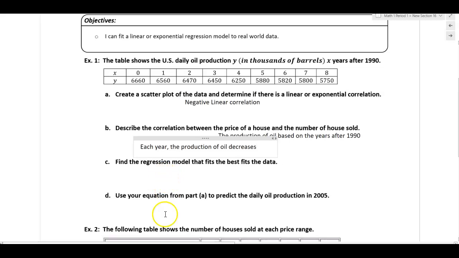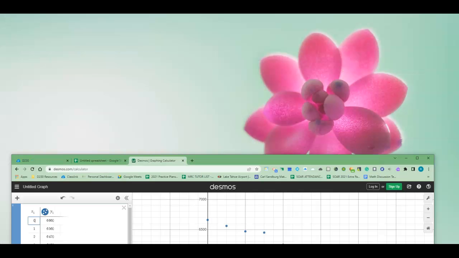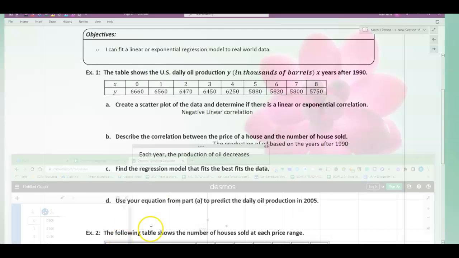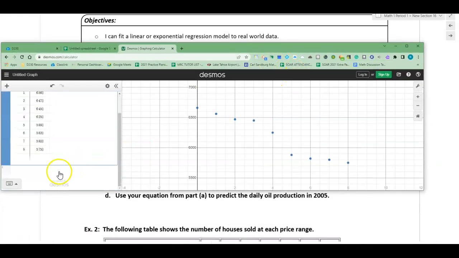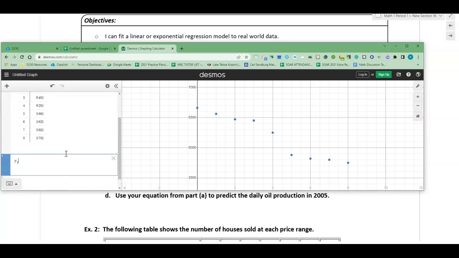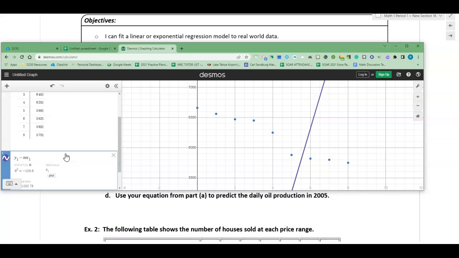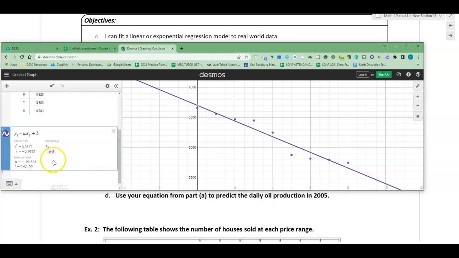Now, we're going to use Desmos to find the model that best fits the data. So I'm going to go right to Desmos, and do what I did yesterday, y1 tilde mx1 plus b, to get the line of best fit. And if you notice, the line of best fit would be about negative 129.833x plus 6701.56.